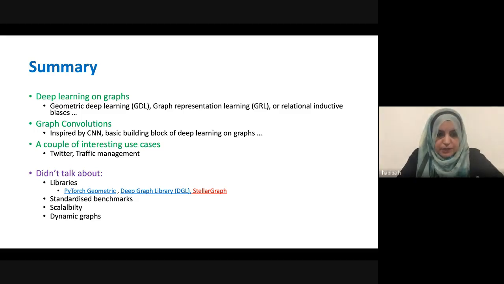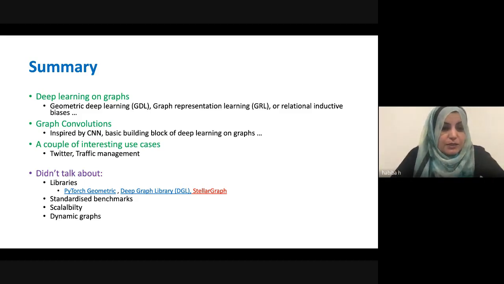However, there are certain libraries. PyTorch Geometric is a PyTorch-based library which has graph convolutions implemented. DGL is really popular. That has a number of methods for graph convolutions, and of course StellarGraph, the library that me and my team have been building, has a number of graph convolution methods. I would highly recommend it. Do check it out, and feel free to talk to me if you are interested in using them, or if you have a problem that needs graph convolutions.